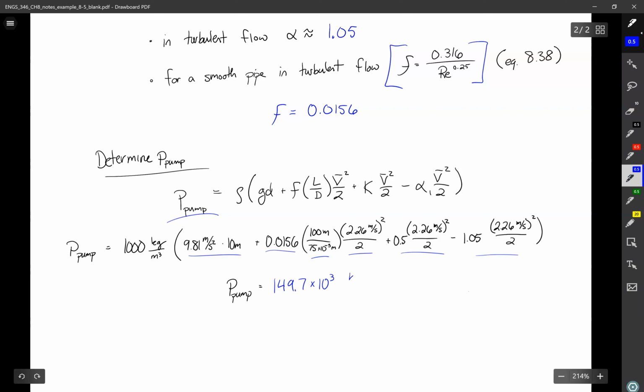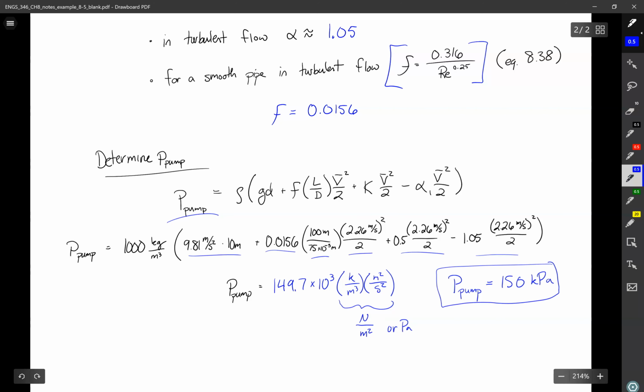So we have kilograms per meter cubed times meters squared per second squared, and this will simplify to newtons per meter squared, or pascals. So the pressure that we need coming out of the pump is 150 kilopascals.